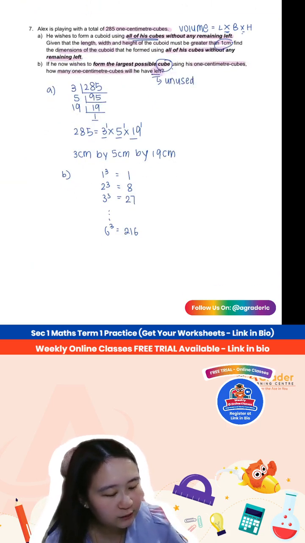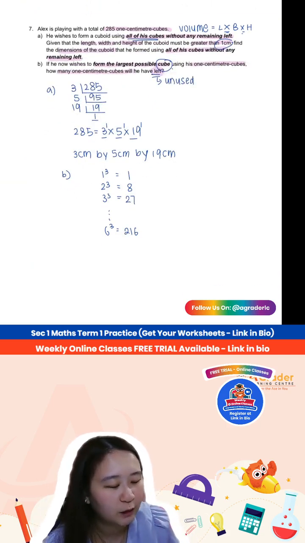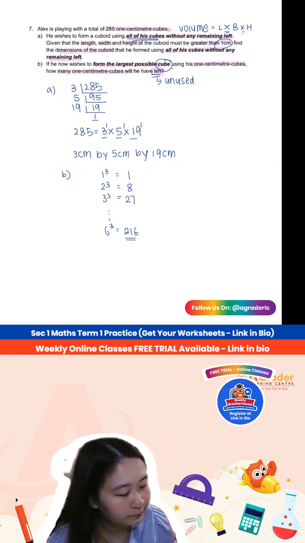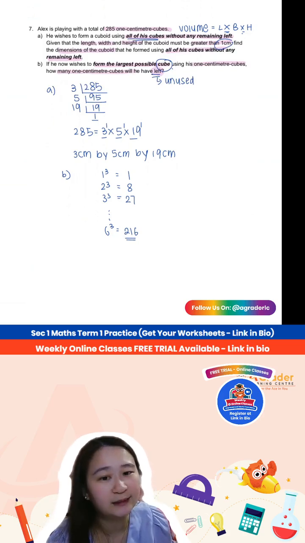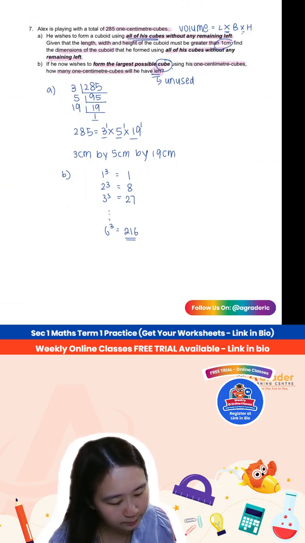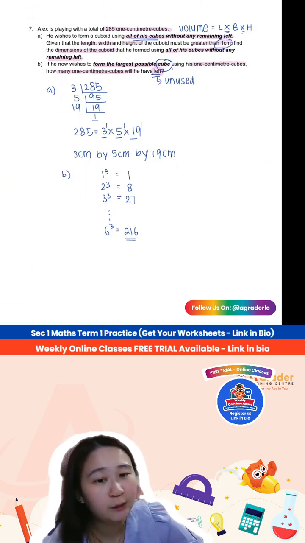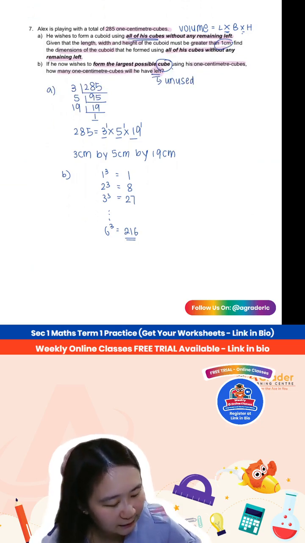If we go on to 7 cube, it will be greater than 285 already, meaning he can only form a 6 by 6 by 6 cube. That will be the largest possible cube that he can form. So he'll need 216 cubes to form this.